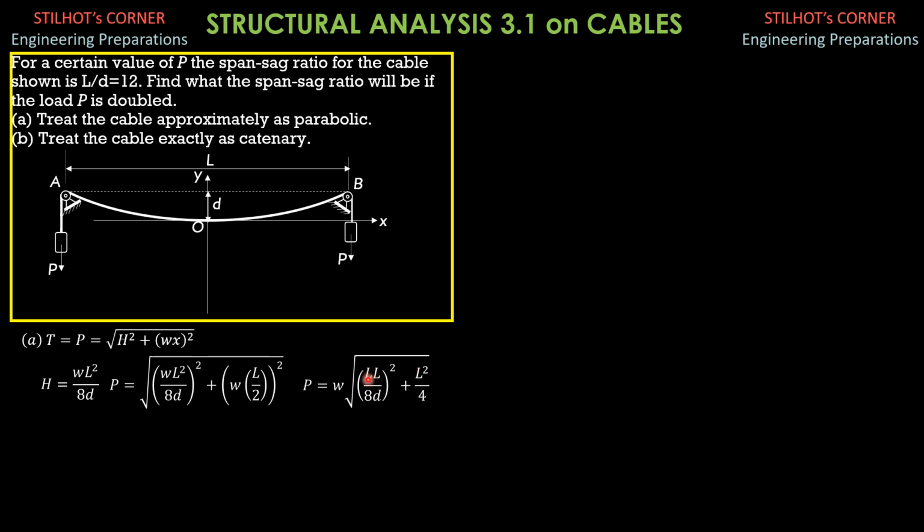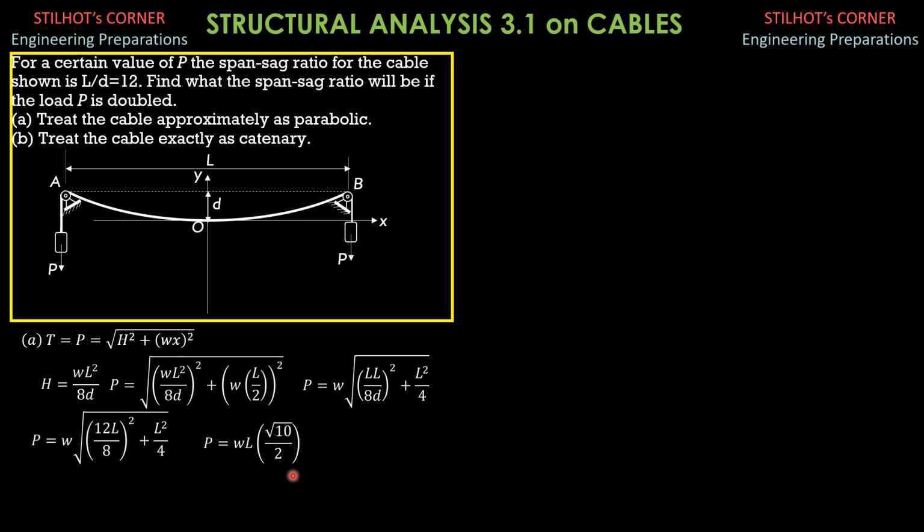We can factor out the square root of L square, which is L. And take note that here L over D is to be replaced by 12. So P equals W times L times the square root of 12 over 8 quantity square plus 1 over 4. So 12 over 8 is 3 halves square, then plus 1/4. Then we factor out the square root of L square, which is L. And that would be WL square root of 10 over 2. So that's the value of P.